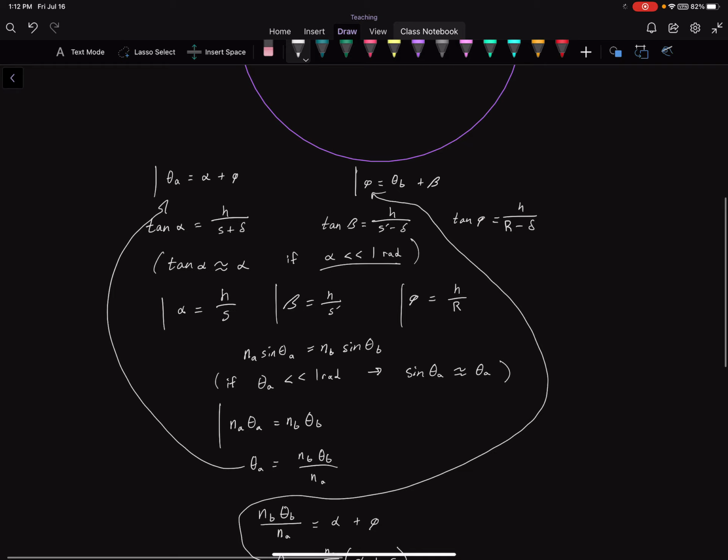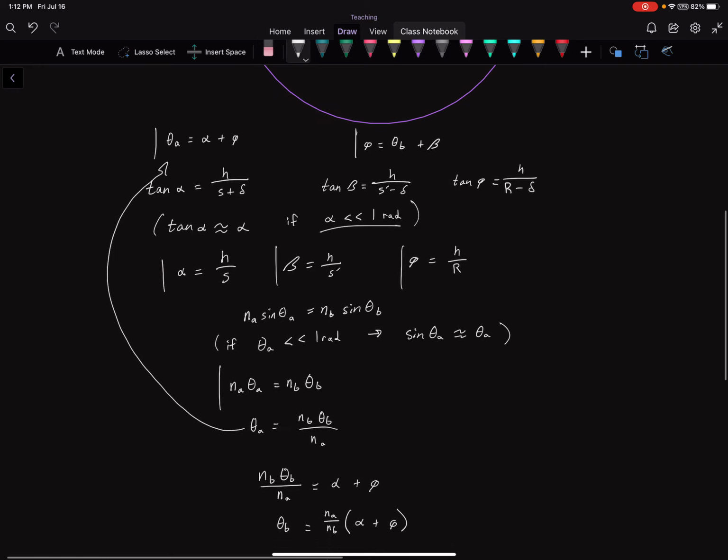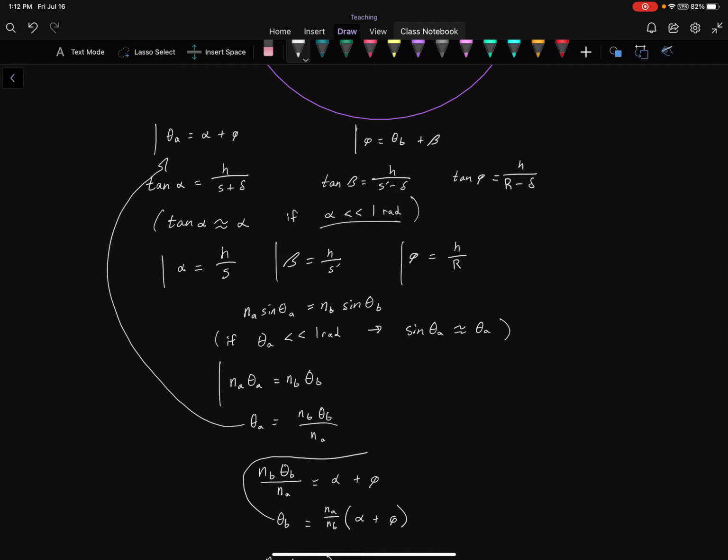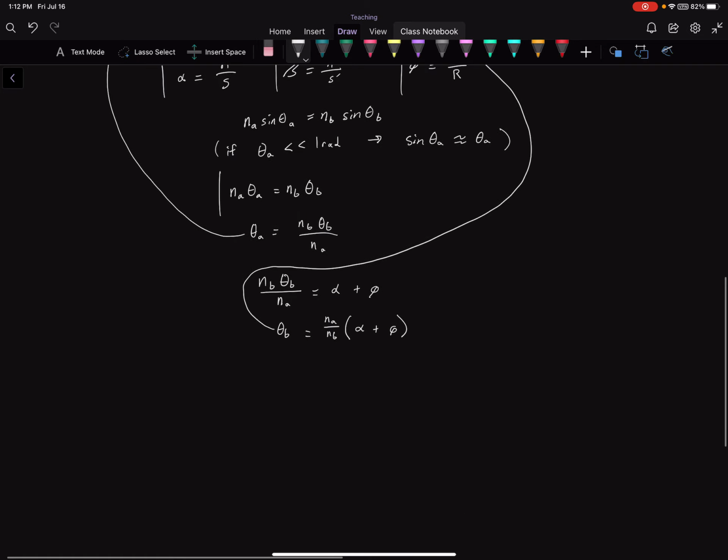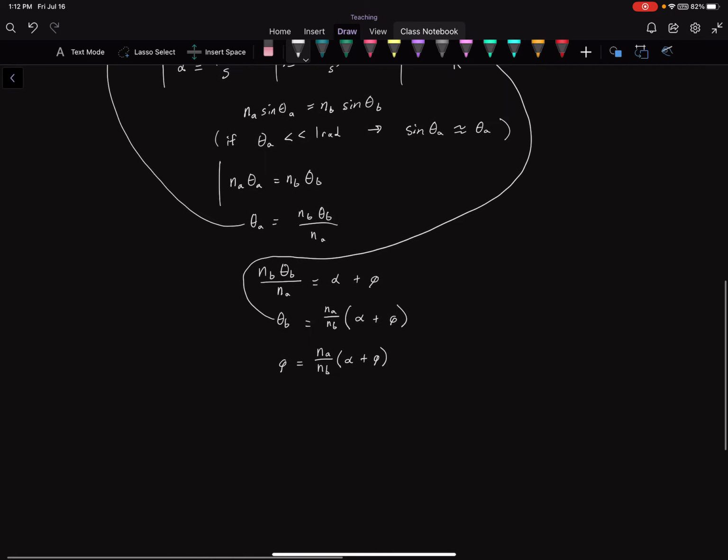Whoops, plugged it into the wrong side there. So this theta B gets plugged in there. And let me start over. There we go. All right, so we have phi being equal to NA over NB times alpha plus phi, okay, that's what we plugged in, plus beta.